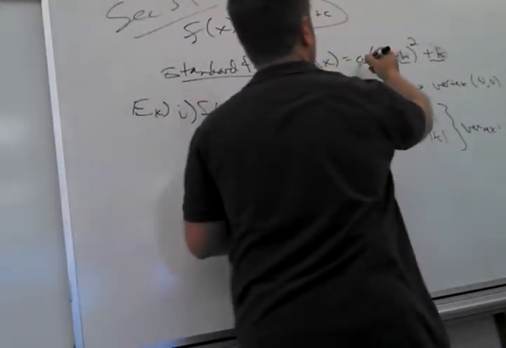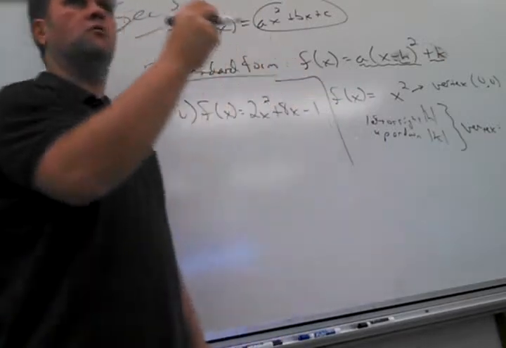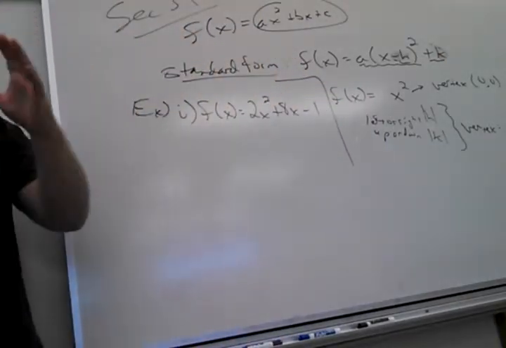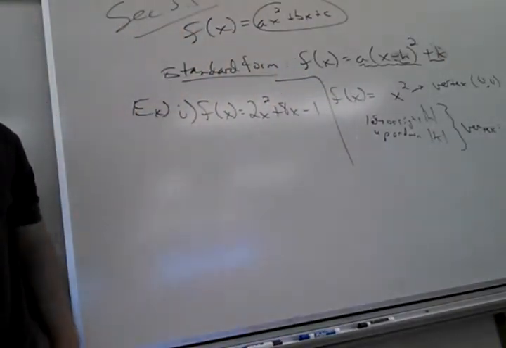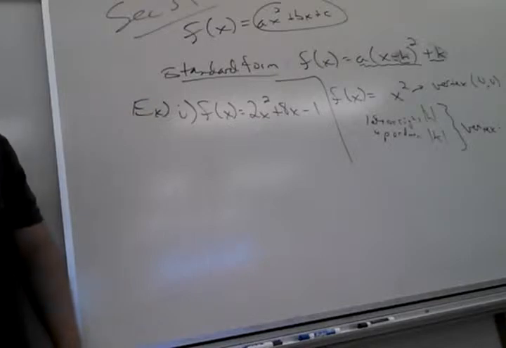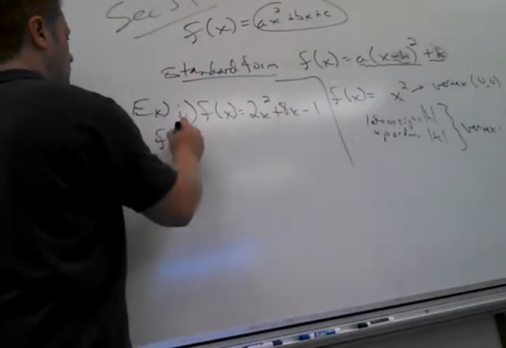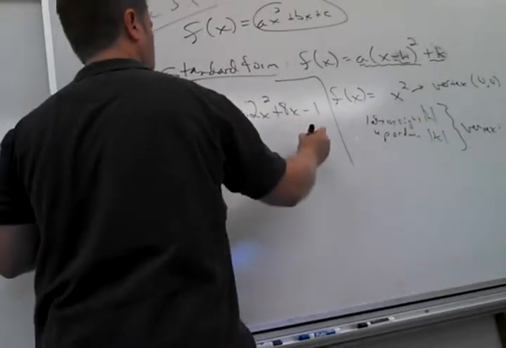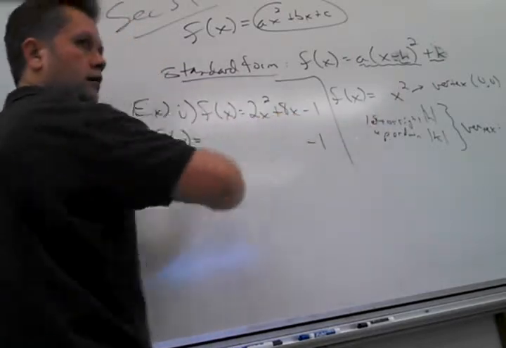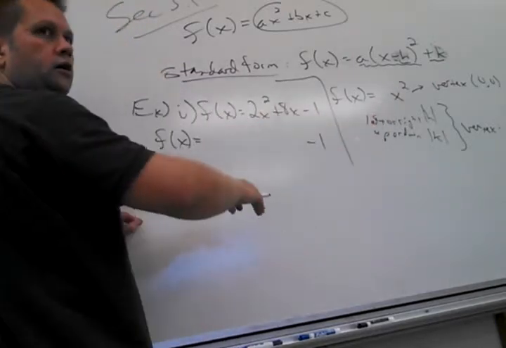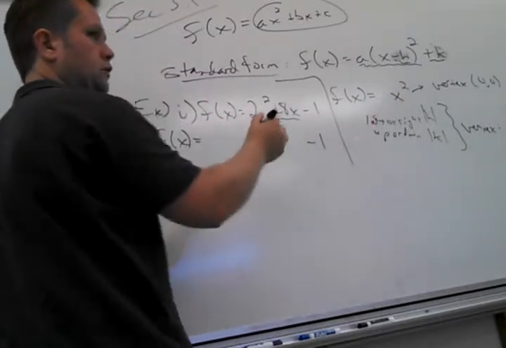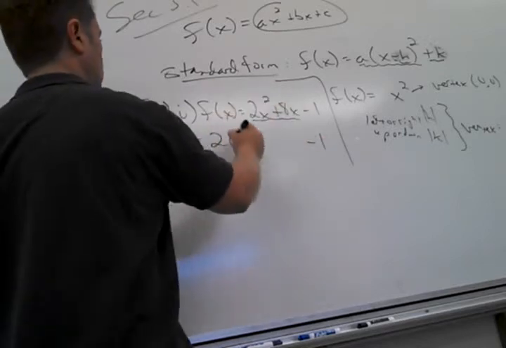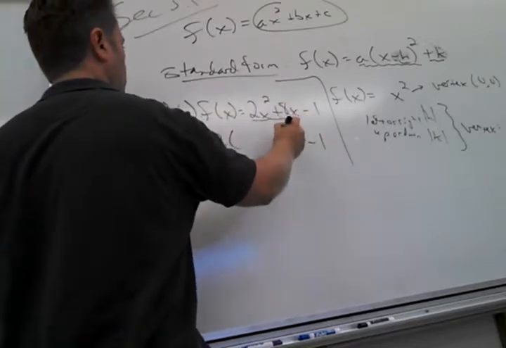I know when I want to make something look like this, it's going to be completing the square. Now, completing the square, I don't know if you remember this, only works when the first number is a 1. Yeah. So what sucks about this? Let me move the -1 way out of the way. What do you want to do with this piece? You got to take a 2 out. And then you're left with.